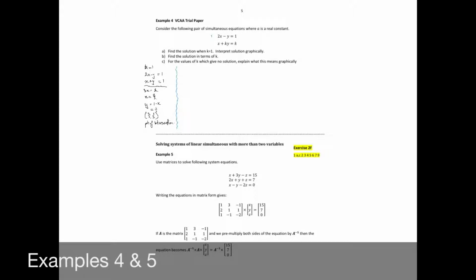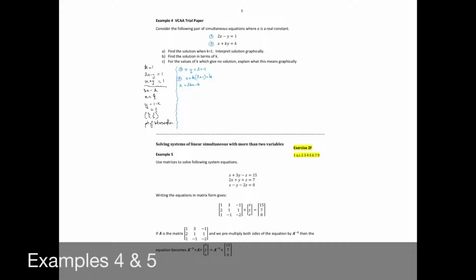Part B, what if we work with a general solution? Maybe it's easiest if I label the two equations 1 and 2. If I rearrange equation 1, I get y is equal to 2x minus 1. Now I'll substitute that y equals 2x minus 1 into equation 2, so x plus k times (2x minus 1) is equal to k.